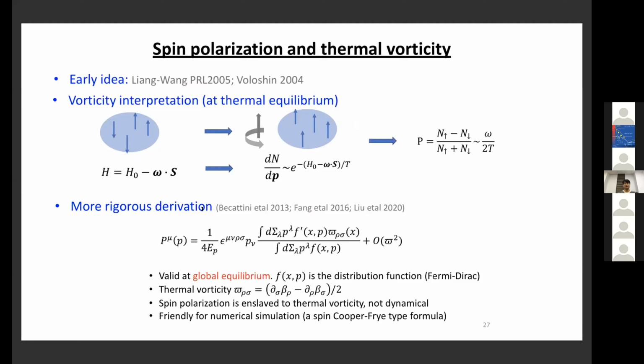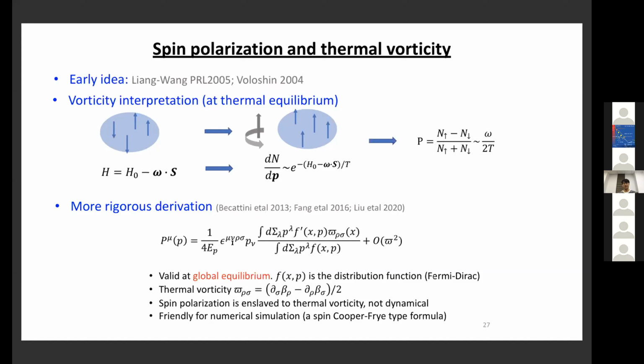And later, Francesco and other people derived a more rigorous formula to connect the spin polarization with the thermal vorticity. So here is the definition of the thermal vorticity. I should emphasize that this formula was derived by assuming a global equilibrium, although recently there were arguments that the similar could be applied also to the case of a local equilibrium.